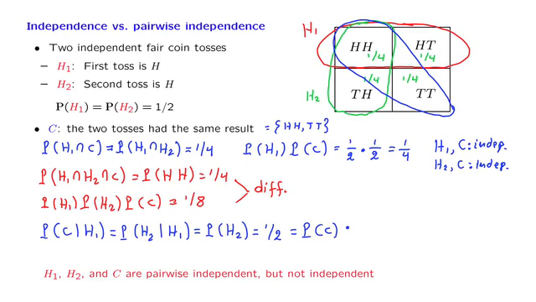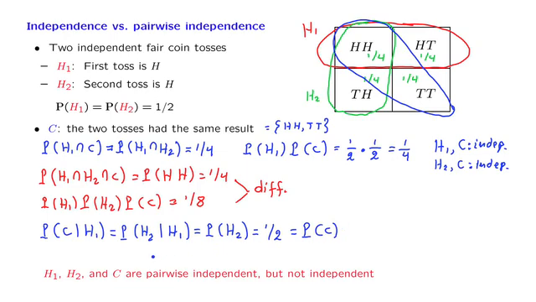The first one was heads, but the second one could be either heads or tails with equal probability. So, event H1 does not carry any useful information about the occurrence or non-occurrence of event C.